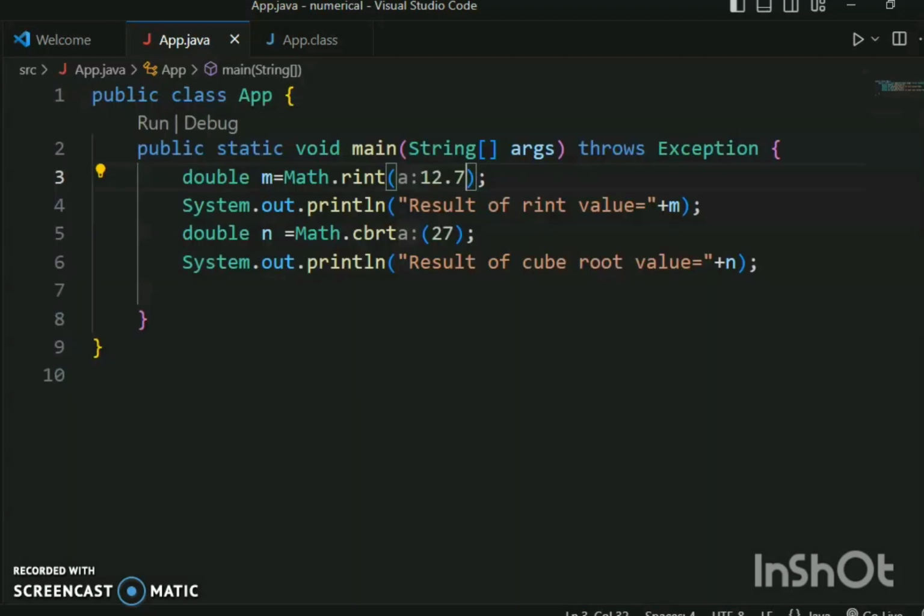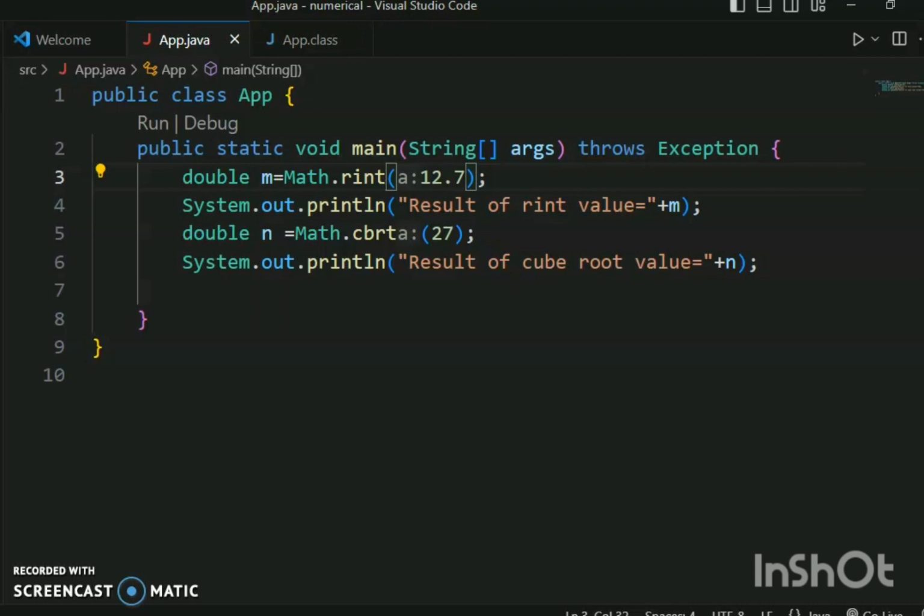Next, so we learned rint. Next is ceil value, ceiling functions. Okay, ceiling functions, we know what the ceil functions are. Ceil function means higher integer. This function is used to return the higher integer for the given argument.